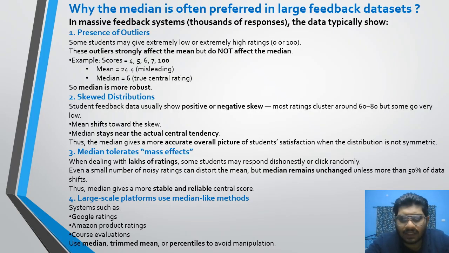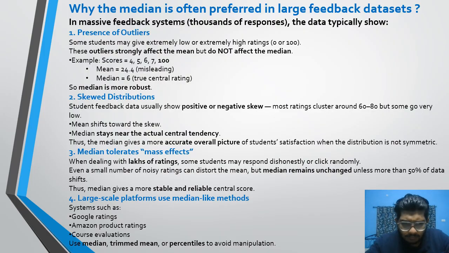Median tolerates mass effects. When we are dealing with thousands and millions of observations, some students may respond dishonestly or click randomly. So there are chances, not always, that there are fake responses, false responses, responses based on personal feelings and not on the actual reality, right?